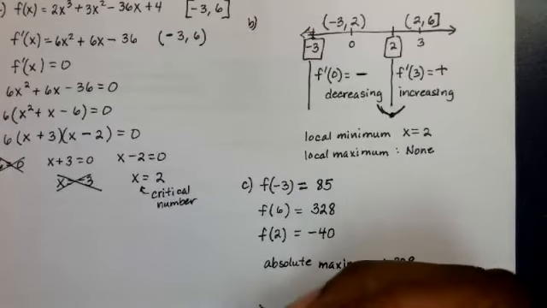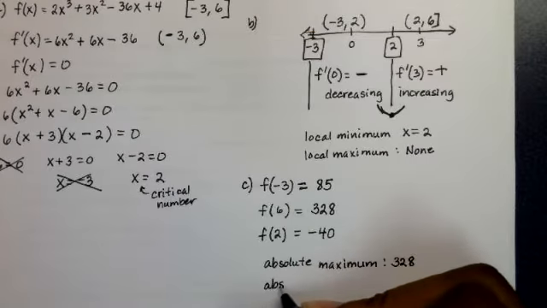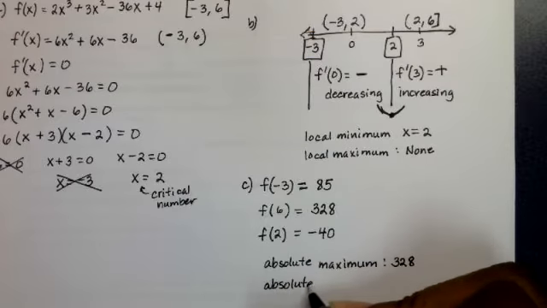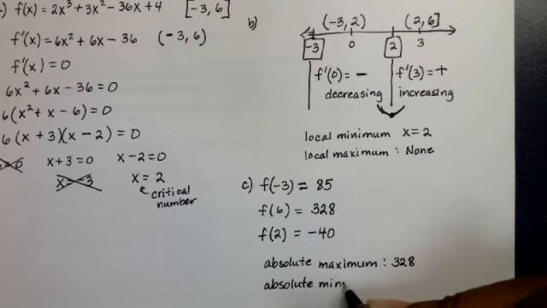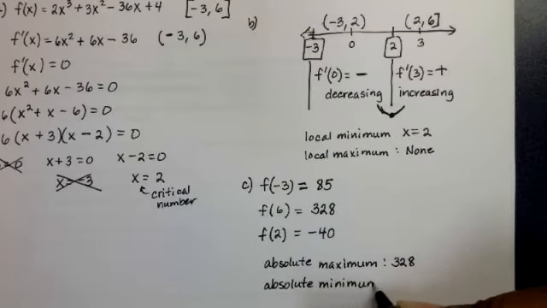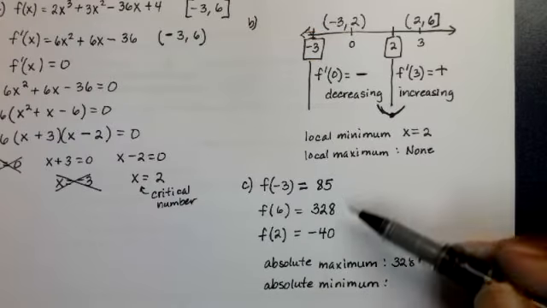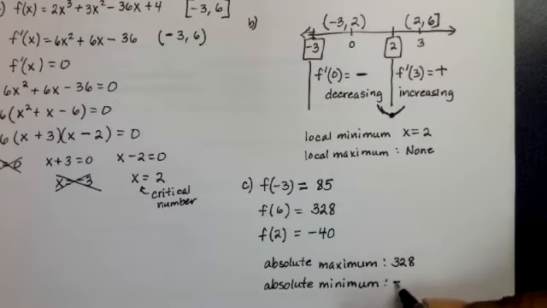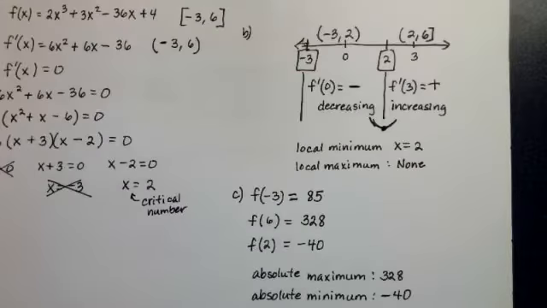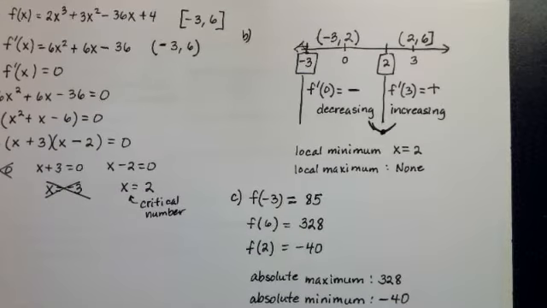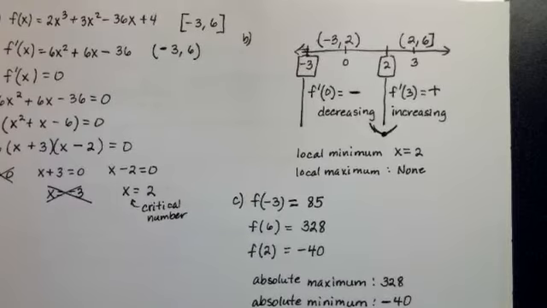And then the absolute minimum is the smallest of these three, in this case, -40. All right. So to answer part C, the absolute maximum is 328 and the absolute minimum is -40.